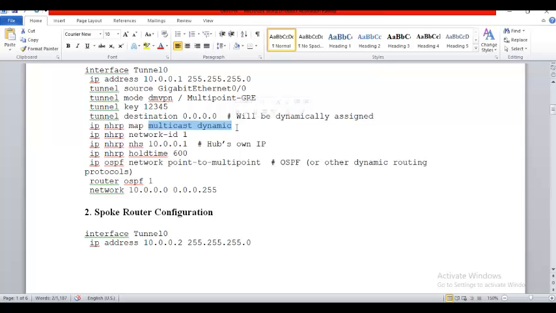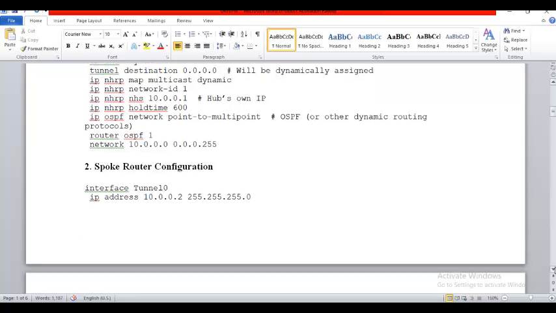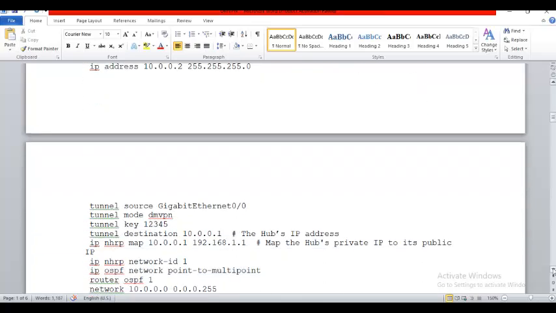Whereas here you should say, in order to go to the hub, this destination, you need to go to this address, which is the public IP address. In here, they made a mistake. They should put the public IP address, but they have put the other one. One is a private IP address. To go to that private IP address of the tunnel, which public IP address should I go to? This is the address of the hub.